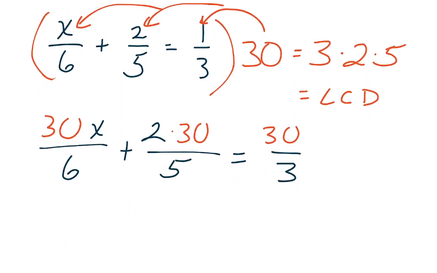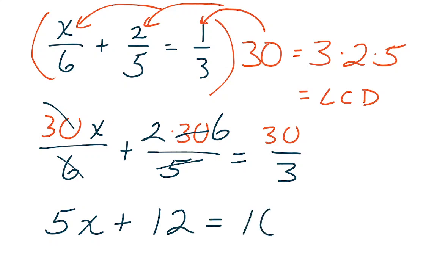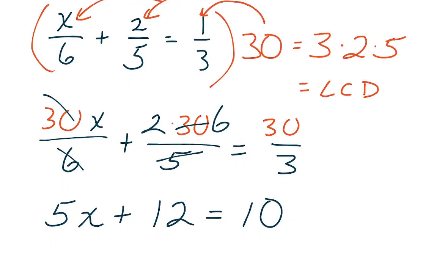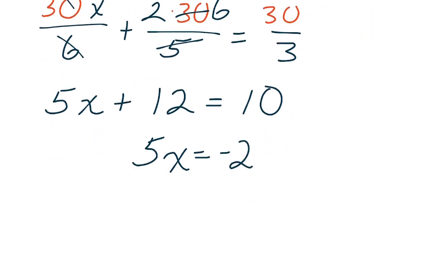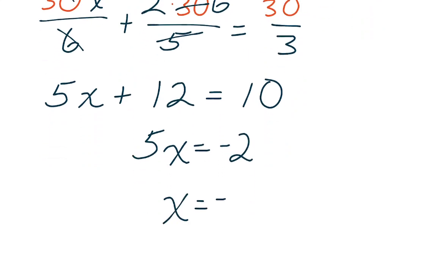And if you do a little bit of math here, you can see that things kind of simplify. That's exactly why you chose the number 30, because we're going to be able to cancel each of these denominators. And all of a sudden, I'm staring at 5x plus 12 equaling 10. In other words, I'm looking at a basic equation that doesn't involve any fractions. And when you solve it, you get a happy little negative 2/5.